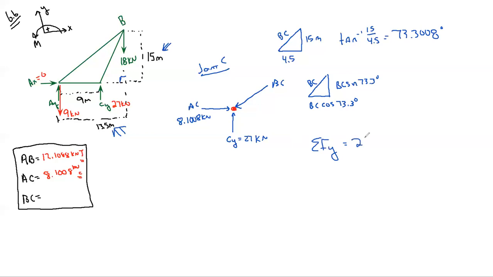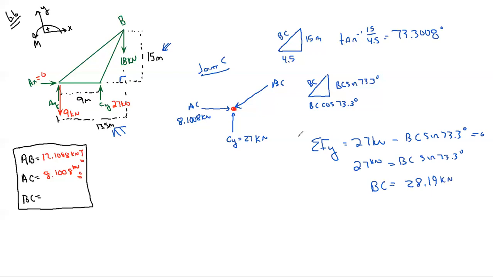So 27 kilonewtons minus BC sine 73.3 degrees is equal to 0. Add BC sine 73.3 degrees to both sides. So 27 kilonewtons is equal to BC times sine 73.3 degrees. Divide both sides by sine 73.3 degrees, and we get that BC is equal to 28.19 kilonewtons.